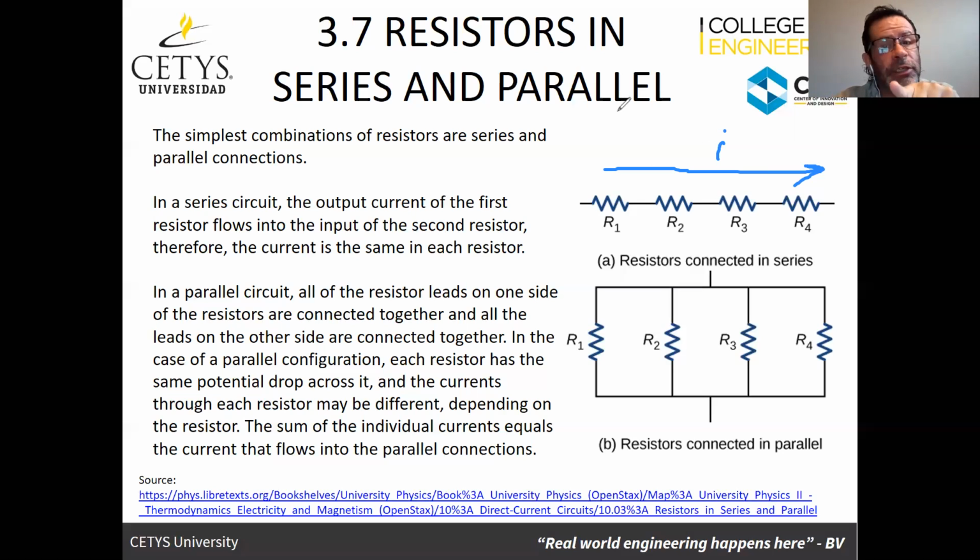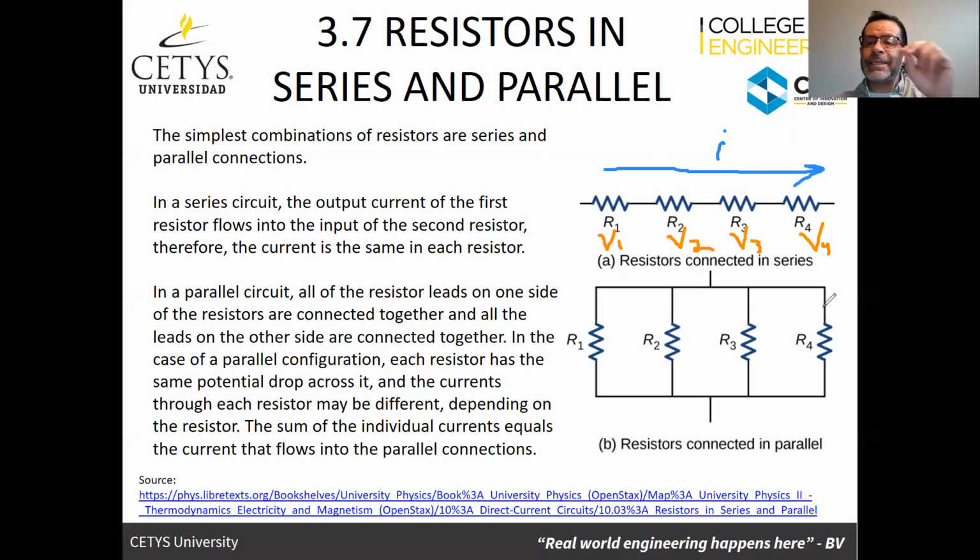Now, the voltage is going to be different. I'm going to draw the voltage in orange. Because of Ohm's law, voltage equals current times resistance, so if the current is the same, the voltage drops are different in each element. Here we have a V1, a V2, a V3, and a V4.